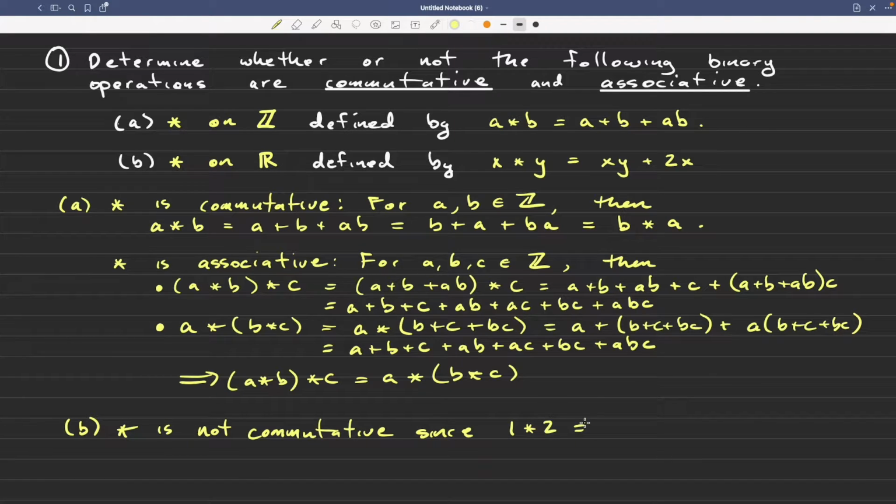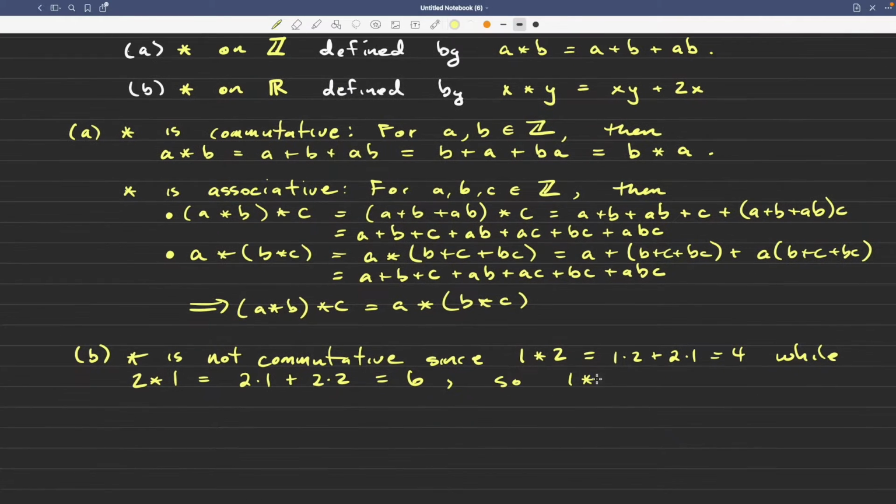Well, 1 star 2 would be 1 times 2 plus 2 times 1 equals 4, while 2 star 1 would be 2 times 1 plus 2 times 2, which will equal 6. So clearly 1 star 2 does not equal 2 star 1.